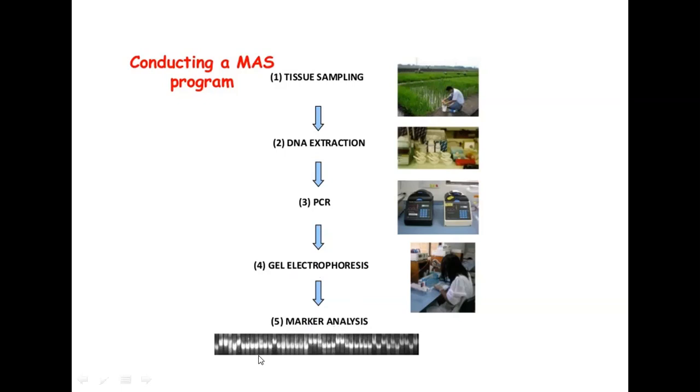See, marker validation. Here there are lots of bands from individual plants. This is one lane, and one lane indicates one individual plant. As per your target, you pick a single band which is very unique. Based on this band, you cut the band and go for sequence analysis.